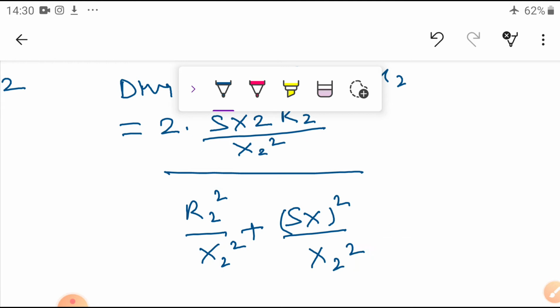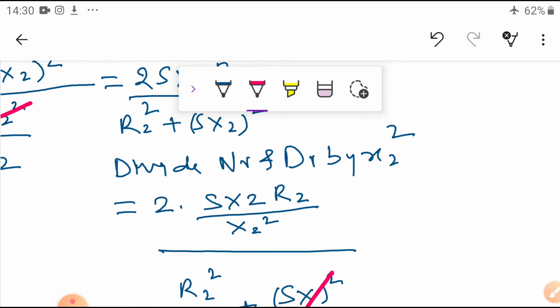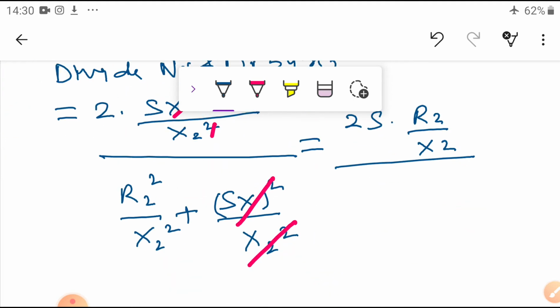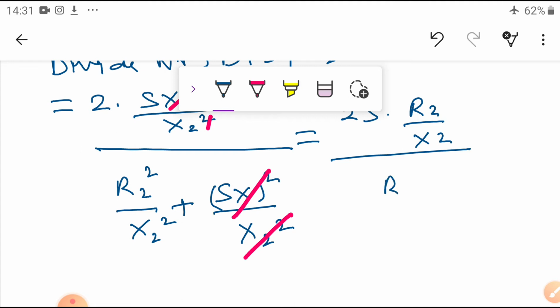Then this one and this one will go. Then I am going to write this equation: 2 into S into R2 by x2 divided by R2 by X2 whole square plus S square.